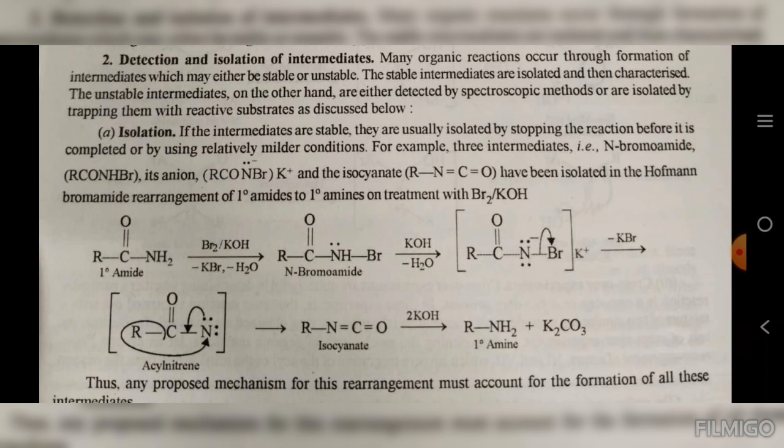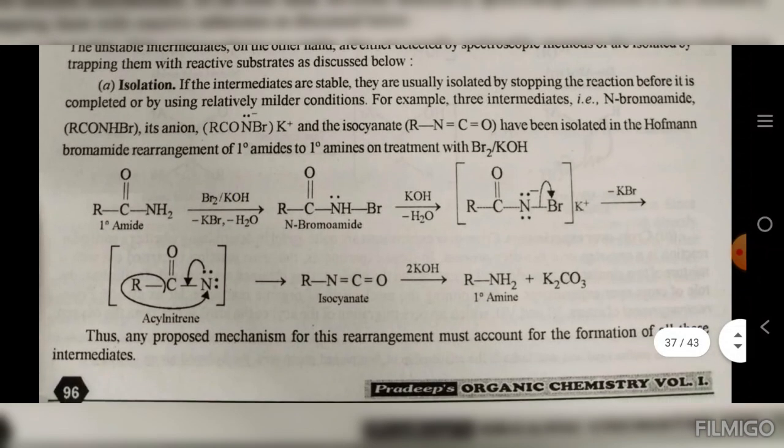Many organic reactions occur through formation of intermediates which may either be stable or unstable. The stable intermediates are isolated and then characterized. The unstable intermediates, on the other hand, are either detected by spectroscopic methods or are isolated by trapping them with reactive substrates as discussed below. Isolation.